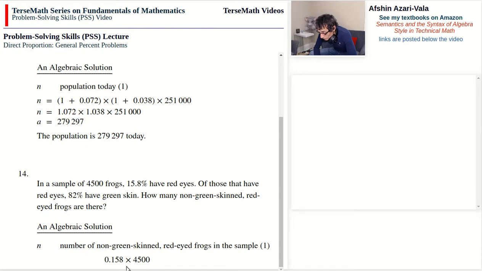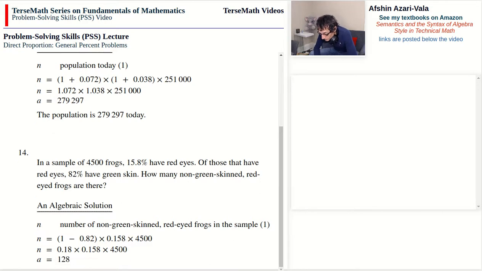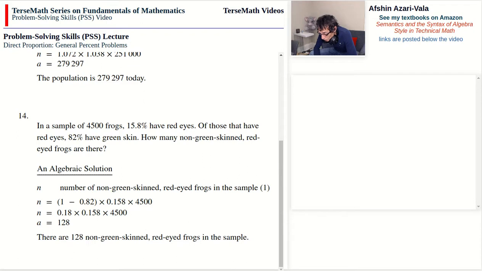And once I have the number of red-eyed frogs, then I will multiply this by 100% minus 82%, the percentage that represents the non-green skinned red-eyed frogs, and that becomes equal to the number that I'm looking for, the number of non-green skinned red-eyed frogs in the sample. So n becomes equal to 18% of 15.8% of 4,500, and that comes to 128. So there are 128 non-green skinned red-eyed frogs in the sample.